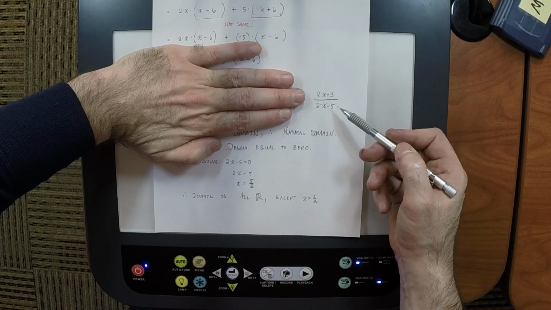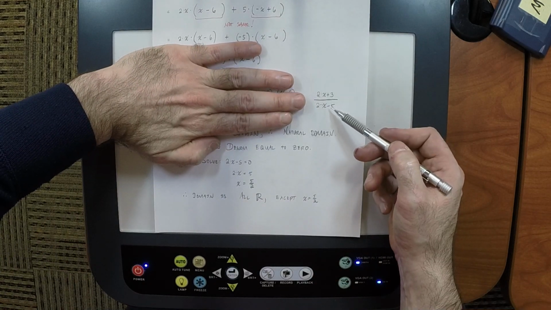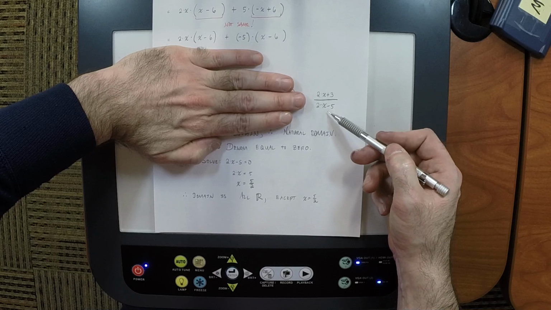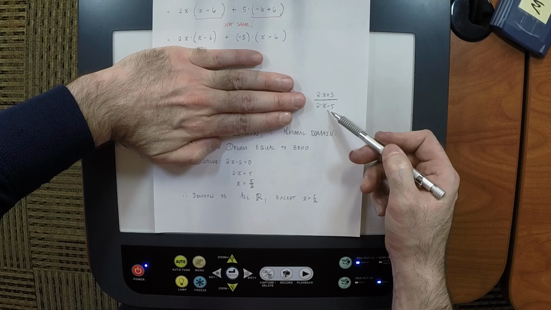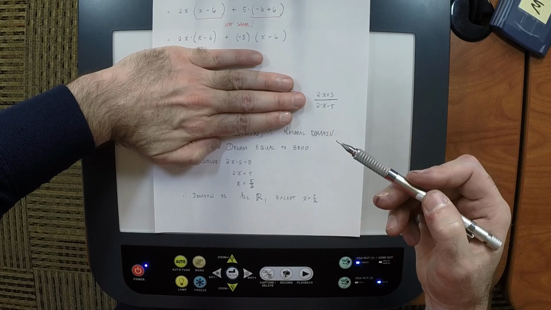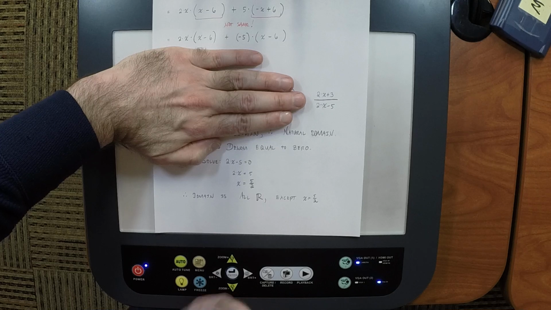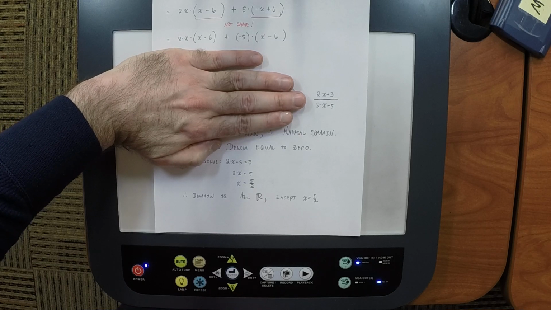Now, concerning this expression right here, what is the denominator when you plug in x is 6? What's the denominator? 7. Is it okay to divide by 7? Yeah. You might not particularly care for 7s.